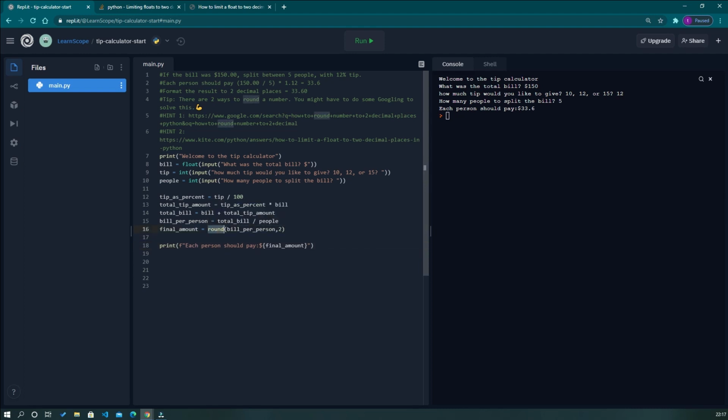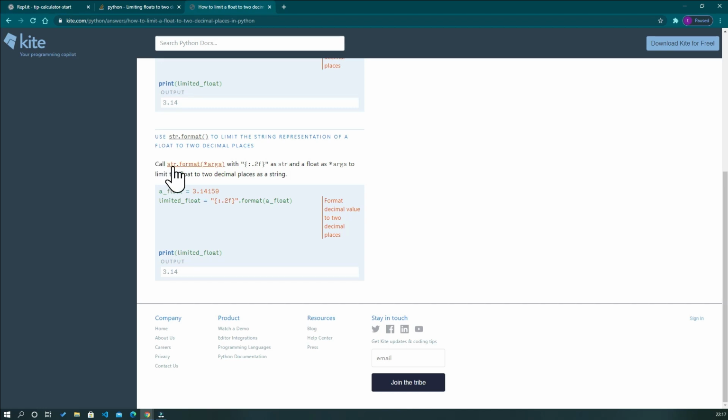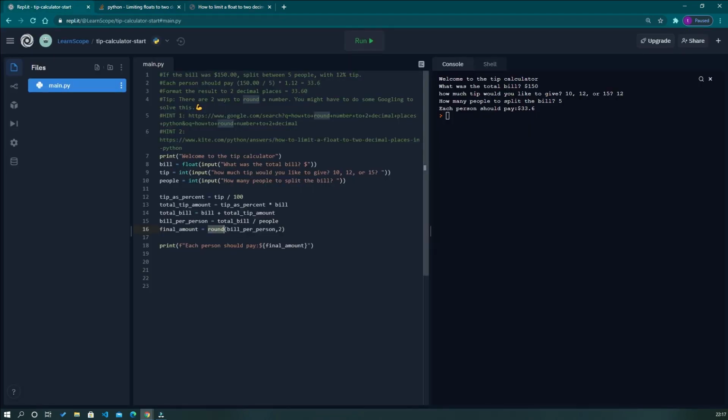It takes a string and a float as argument. So say variable a_float equals the limit float, dot format. Okay, if I copy this, and my a float would be the final amount. Does this work?